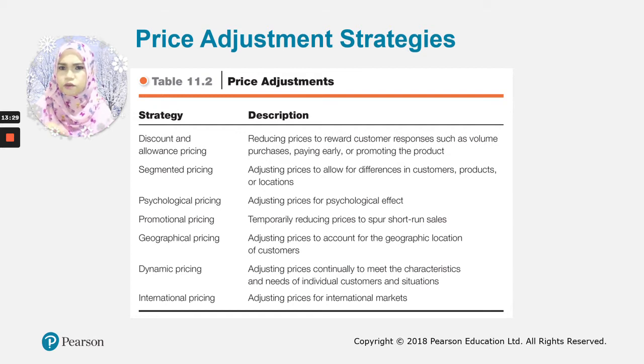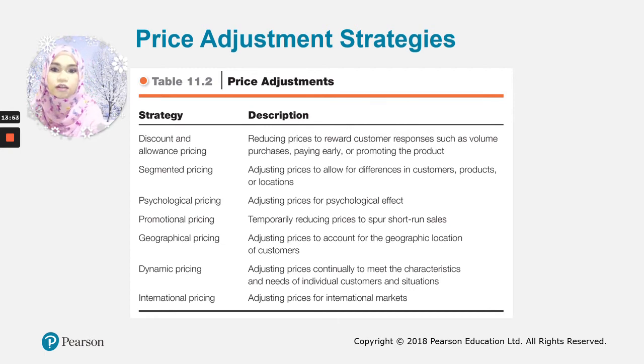A lot of shops offer membership because they want to make sure that people buy from them again and they want to appreciate the member. So if you go to EMAT, for example, they will ask, do you have a member? If you're a member, you have the member price. If you don't have a member, then you will have to pay the non-member price. So that is segmented pricing.